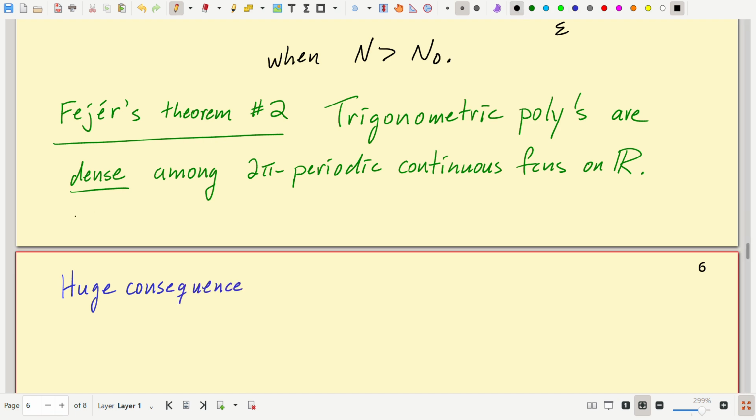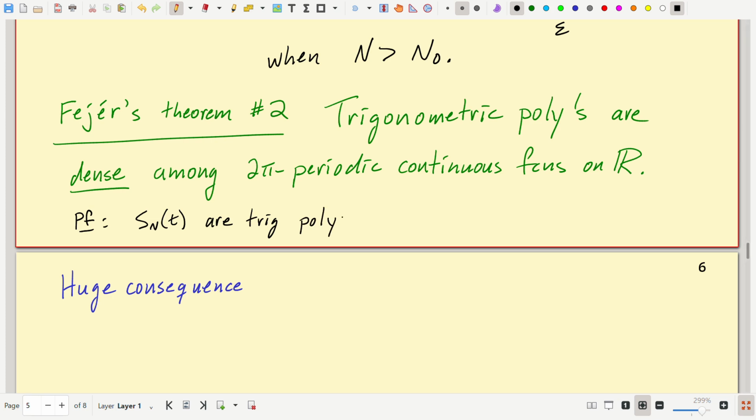I guess I should mention a proof here. The S_n's are trig polynomials, hence so are the sigma_n's. And the density just follows from the fact that the Fejér things converge to the function.